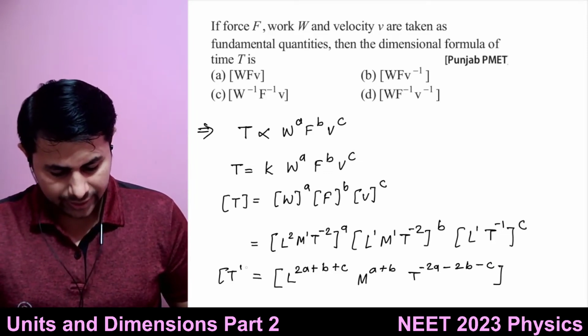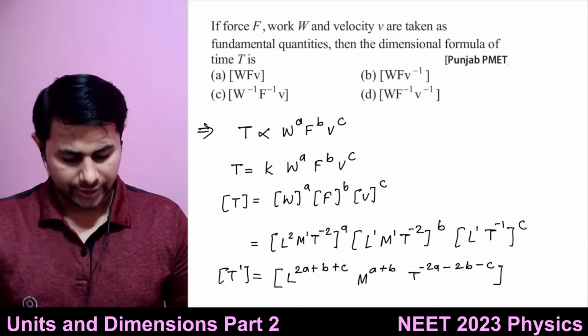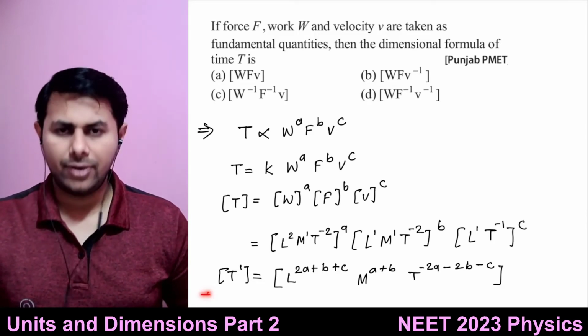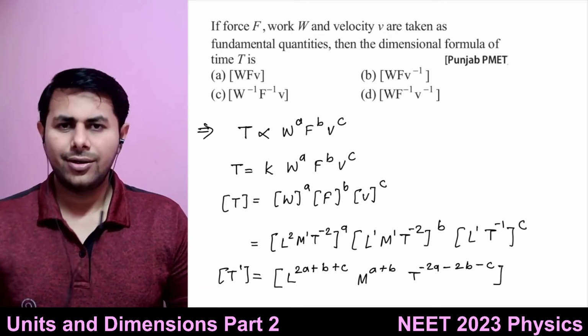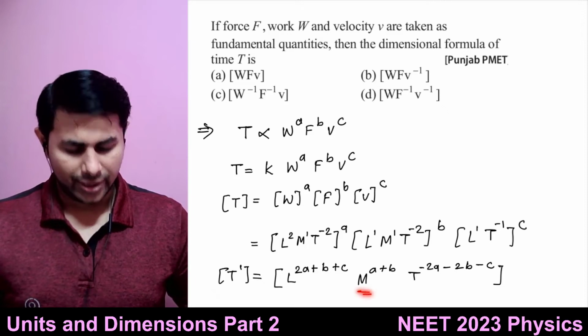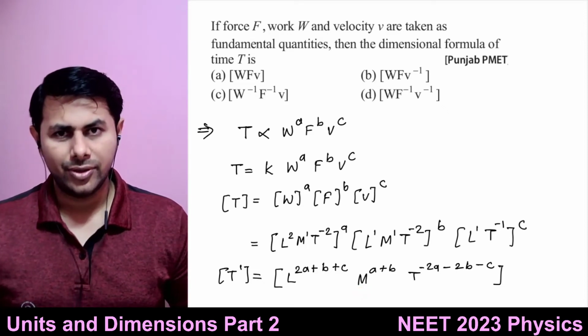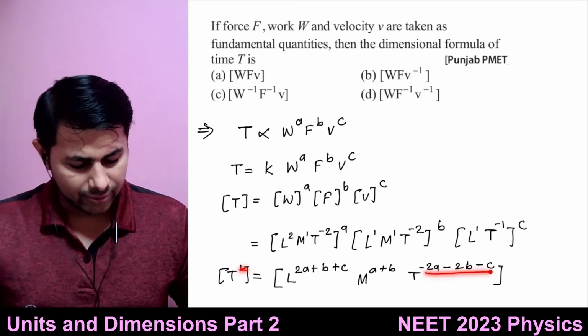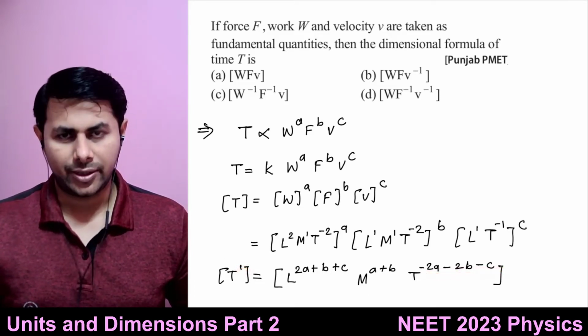On the left hand side I have T, that means T raised to 1. Do I have L on the left hand side? I don't, that means it is L raised to 0. I don't have M, that means it is M raised to 0. And I have T raised to 1, that means the sum of these is equal to 1.